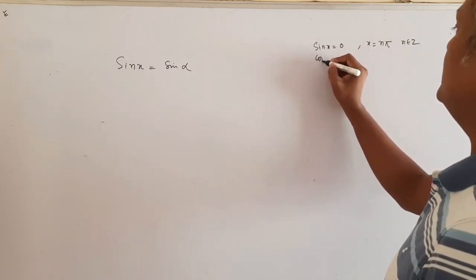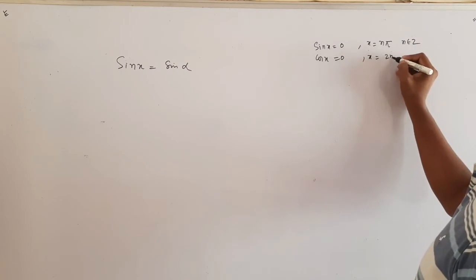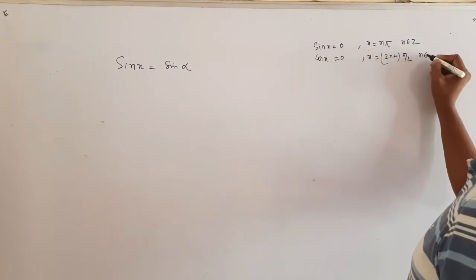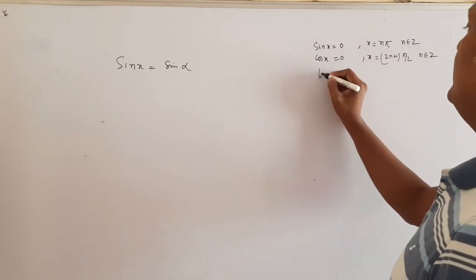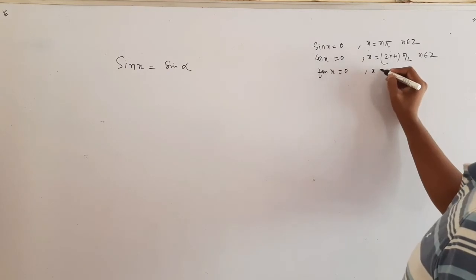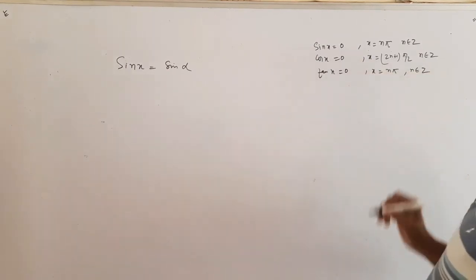When cos x is 0, then x is (2n plus 1) pi over 2 and n is an integer. When tan x is 0, just like sin, x is n pi and n is an integer.